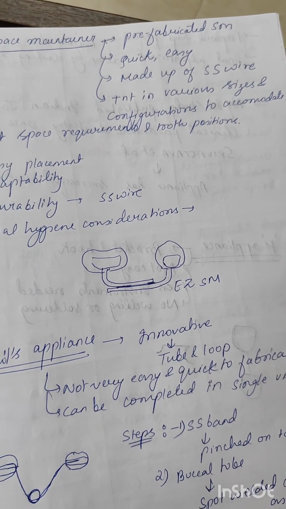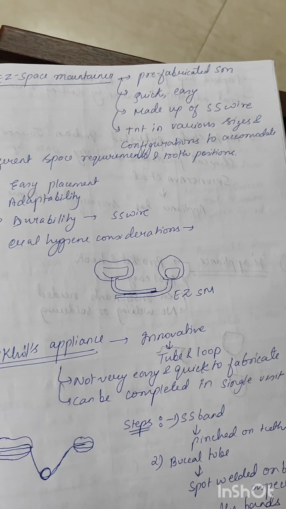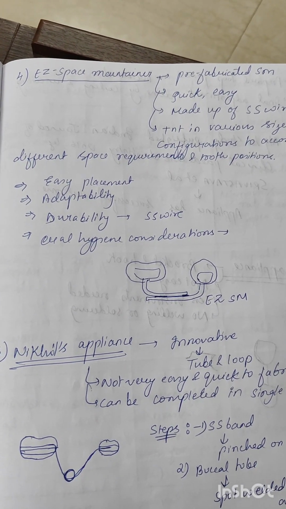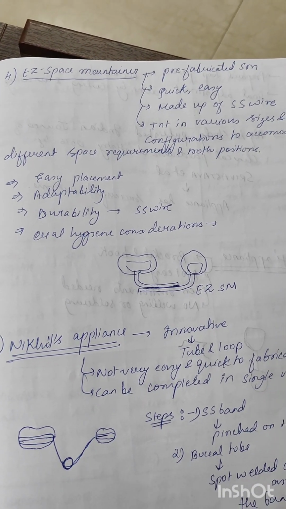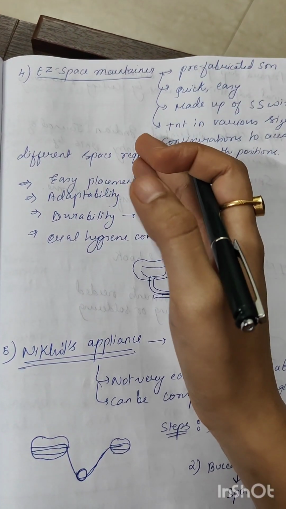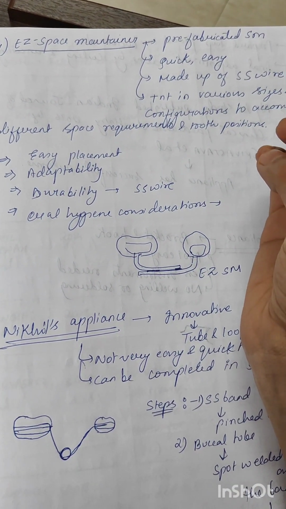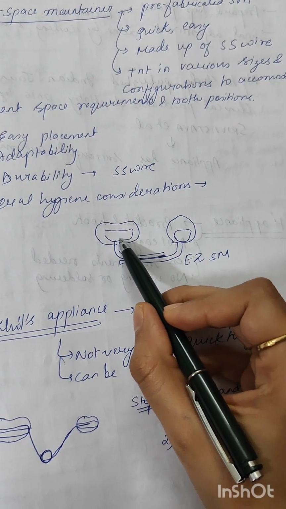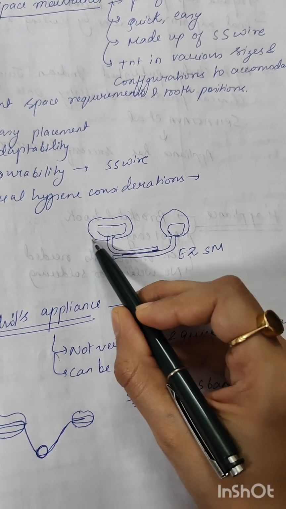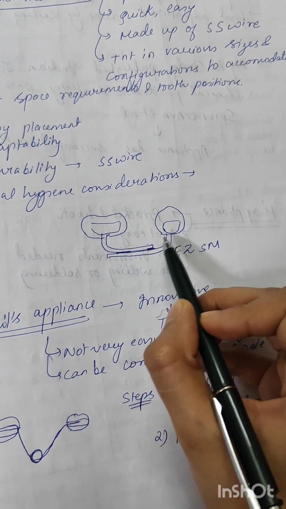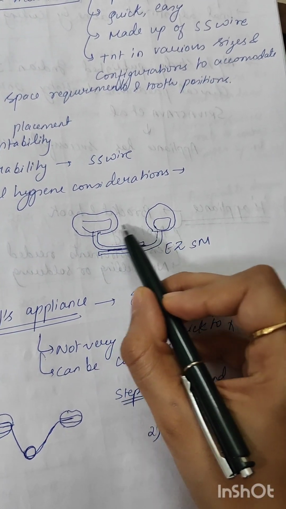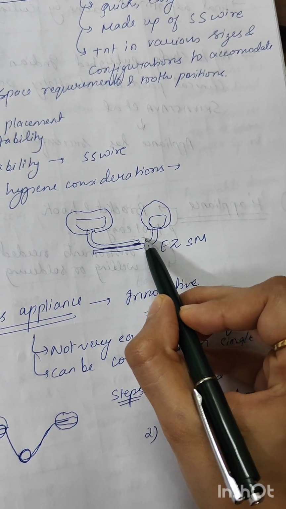It is present in various sizes and configurations to accommodate different space requirements and tooth positions. Being prefabricated, it is easy for placement, with good adaptability, durability and good oral hygiene considerations. This is my tooth, this is my space, like this is the EZ space maintainer.